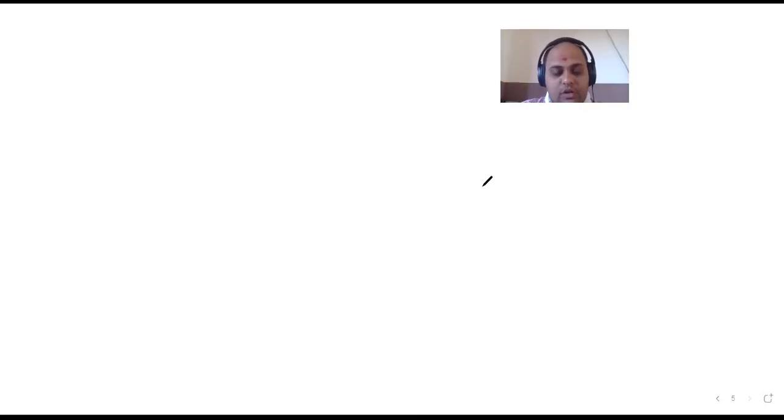My question to you is, if all the three angles are the same, that means all the sides are the same. That triangle is called an equilateral triangle. So in an equilateral triangle, what will be the measure of each angle?